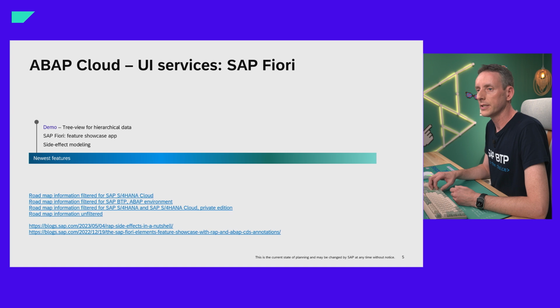If we now look at specific UI services and what is actually new in the scenario for SAP Fiori in the Cloud, we have new features here. Starting from the bottom, side effect modeling has been available for quite some time.